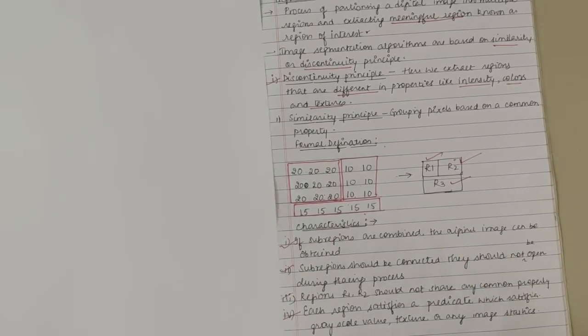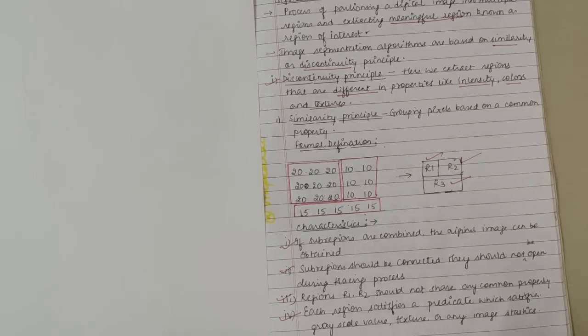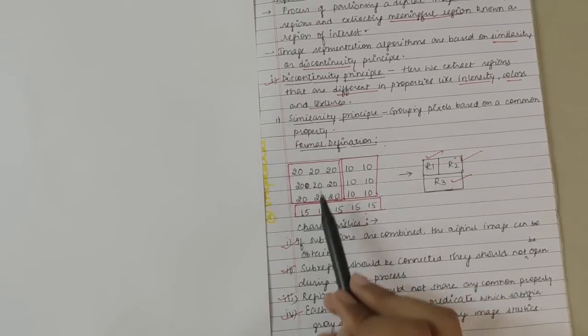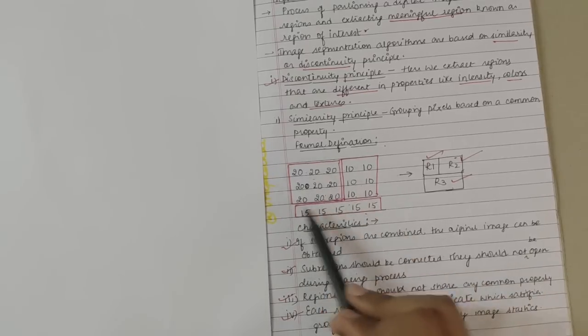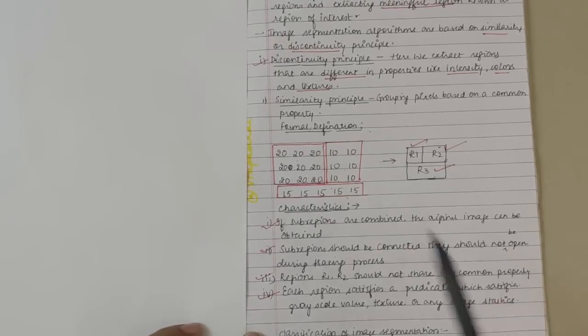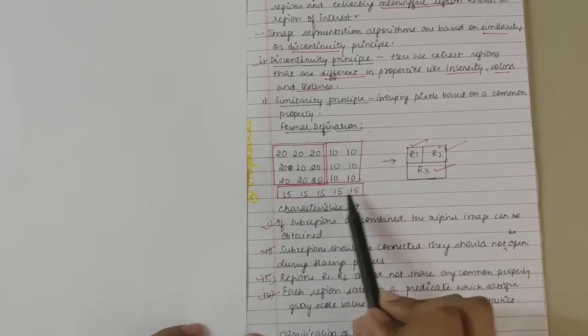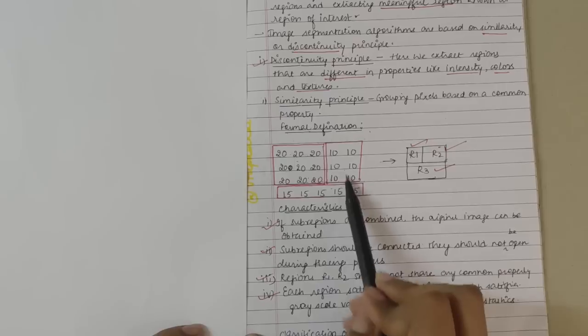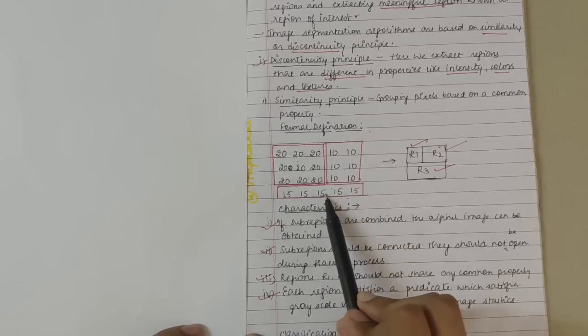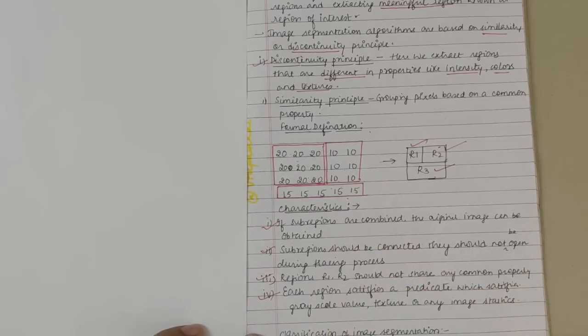Now what are the characteristics of this particular image? If all these subregions are combined together, we obtain the original image. That's true, because if the image is composed of these pixels and we group them, the union of all these regions gives back the original image. Next, a subregion should be connected, meaning there should not be any openings.